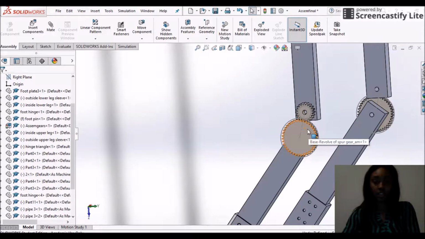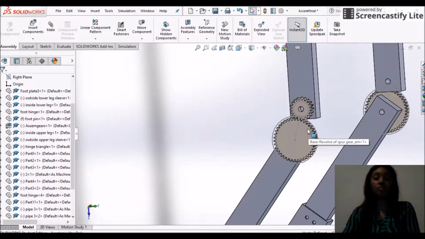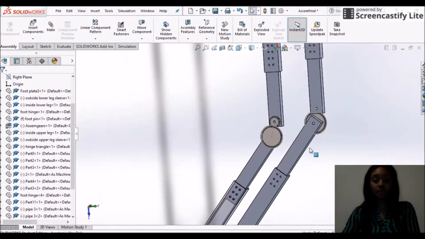We have spur gears, one located at the hip, one located at the knee, and one located at the ankle. Attached will be our motor that will then drive the smaller spur gear, which will then rotate our bigger spur gear.